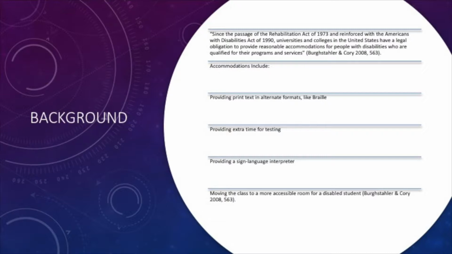So these accommodations included things like providing print text in alternate formats like Braille, providing extra time for testing, providing a sign language interpreter in class, moving the class to a more accessible room for a disabled student, or providing the script of a video for the hearing impaired.